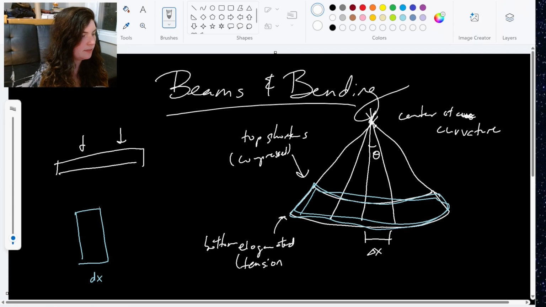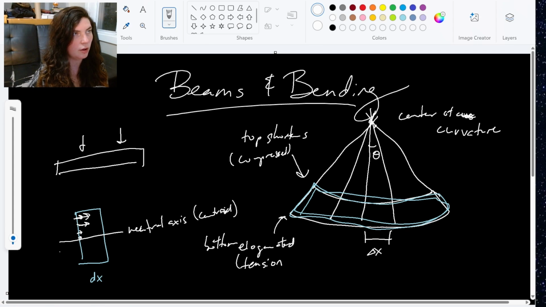We have this strain that is being compressed, pushed in at the top here, little by little, until we hit the neutral axis, which happens at your centroid. The neutral axis, the centroid of your beam. And then we start to see the strain get a little more and a little more in tension.